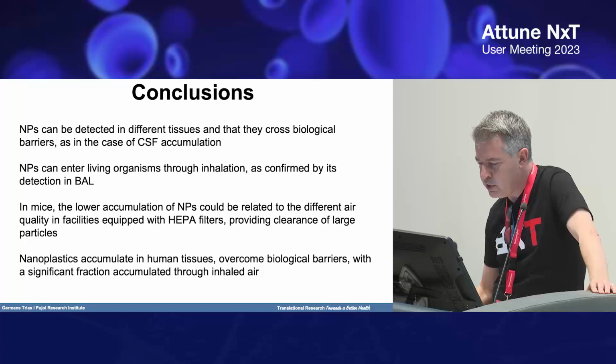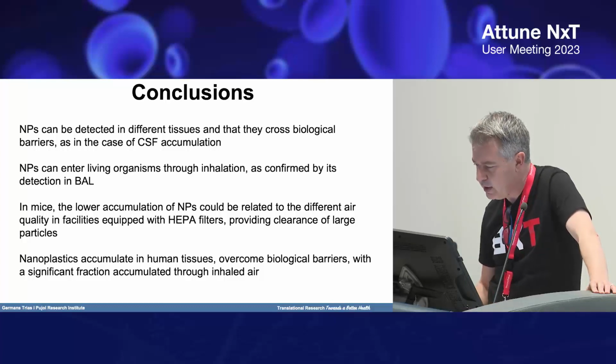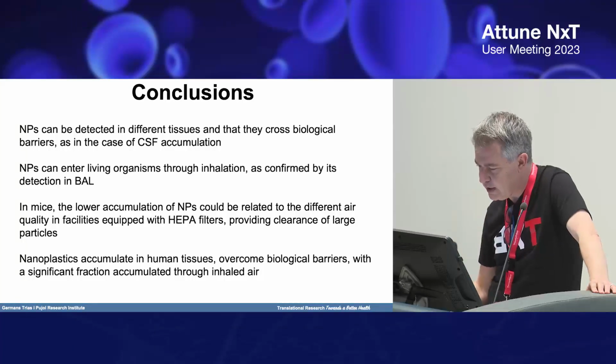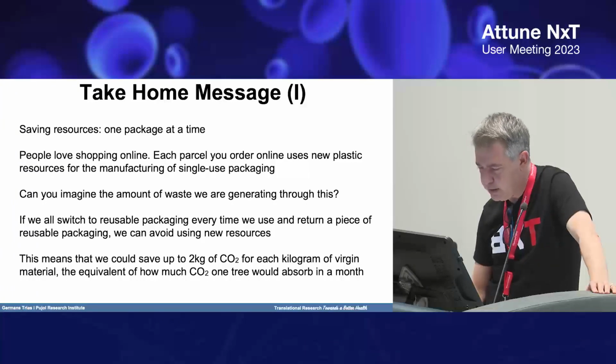The lower accumulation of nanoplastics could be related to the different air quality in facilities equipped with HEPA filters, providing clearance of large particles. In fact, nanoplastics accumulating in human tissues overcome biological barriers, with a significant fraction accumulated through inhaled air.